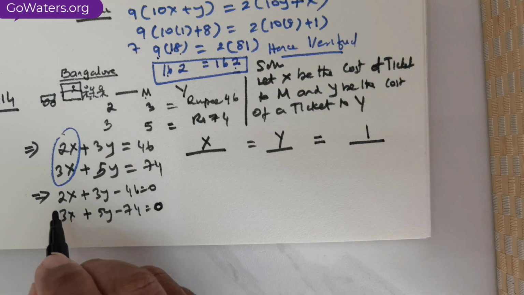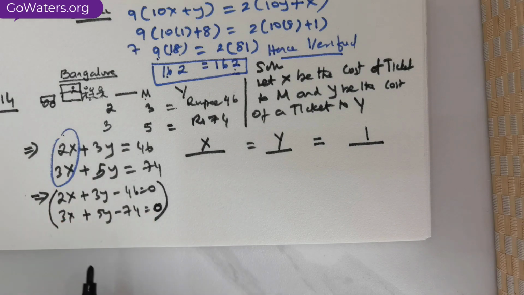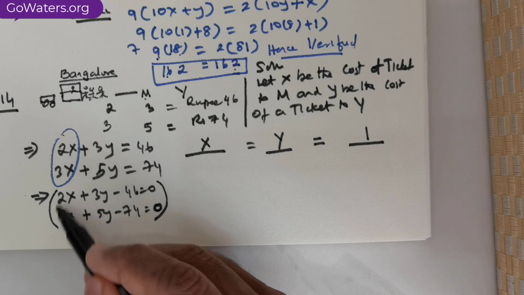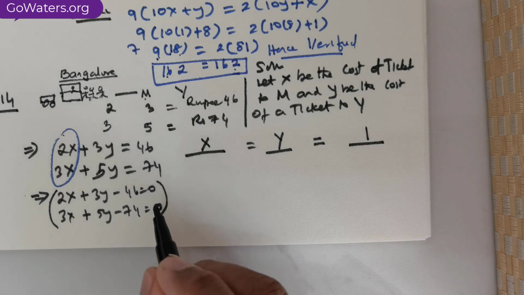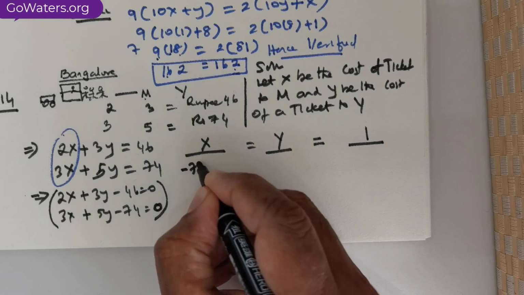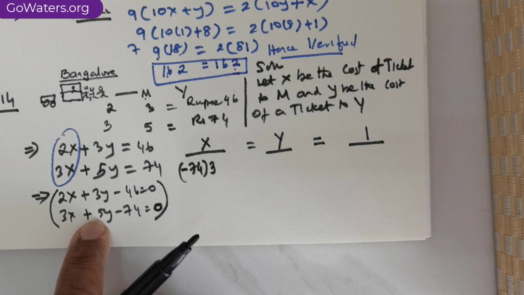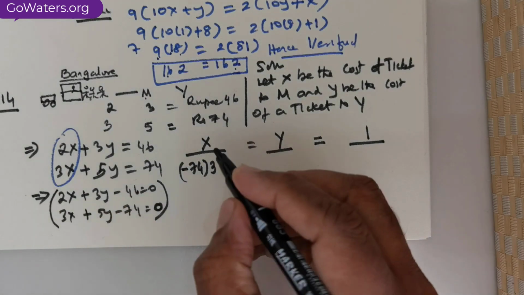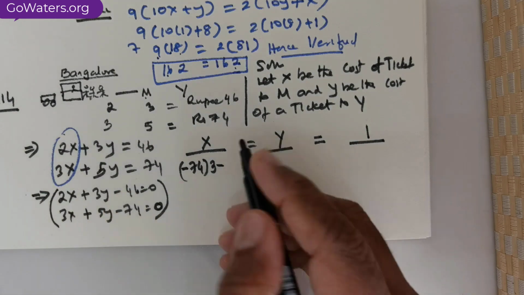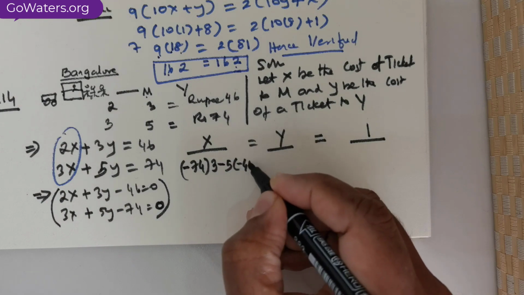Now I'm going to treat it as a complete system. To write down the values of x, do not touch the first column. Multiply this with this. So you get negative 74 multiplied with 3, and when we are moving from the left, you have to take a negative sign with you, and this is going to be 5 into negative 46.